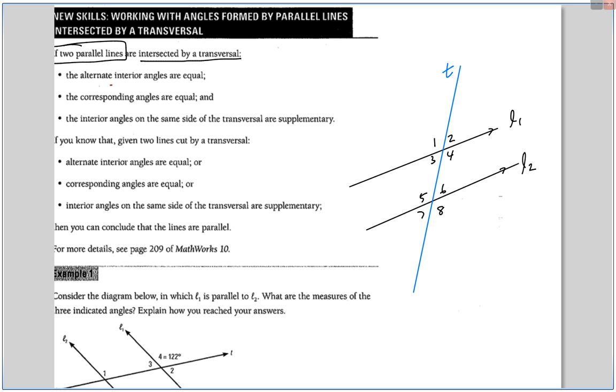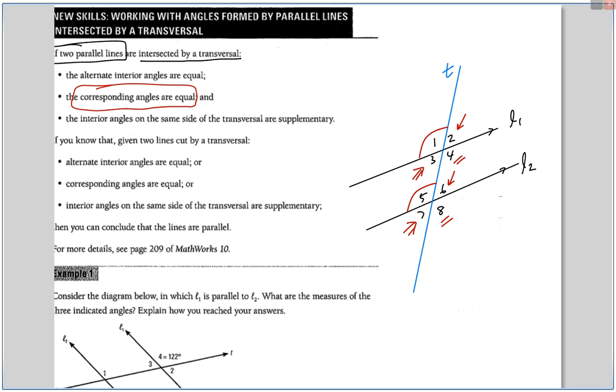Corresponding angles are equal. So for example, 1 and 5 are equal. 2 and 6 are equal. 3 and 7 are equal. And 4 and 8 are equal.